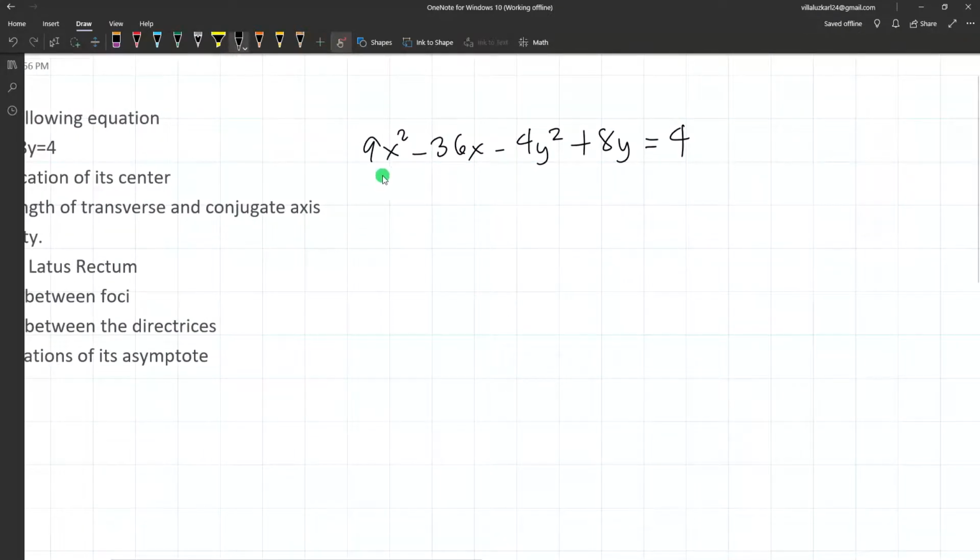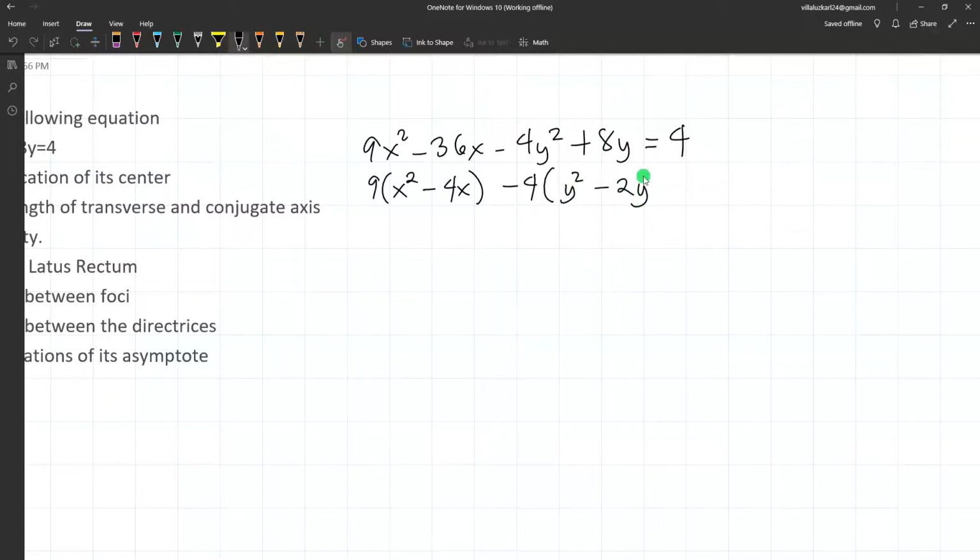First, factor out 9 for the grouping of x: x squared minus 36 divided by 9 is 4x. For the y terms, we can factor out negative 4: positive y squared, but this one would be negative 2y, equals 4.